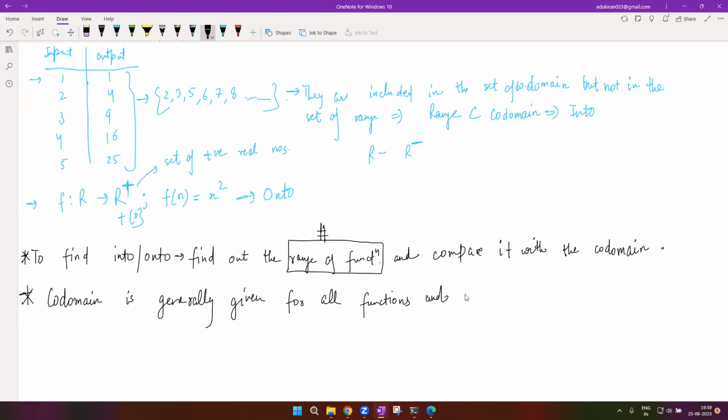And if not given, then consider R, the set of real numbers, as the set of codomain.